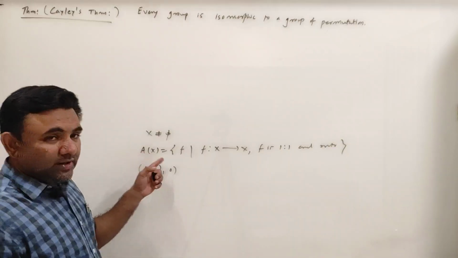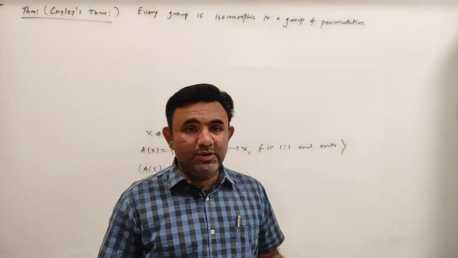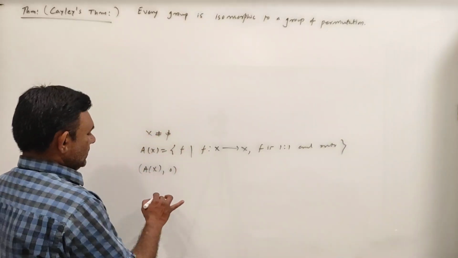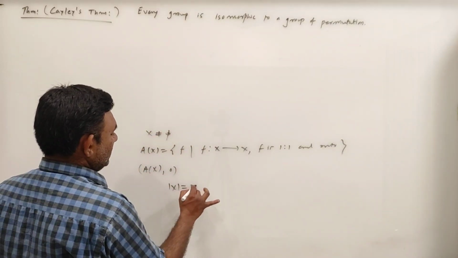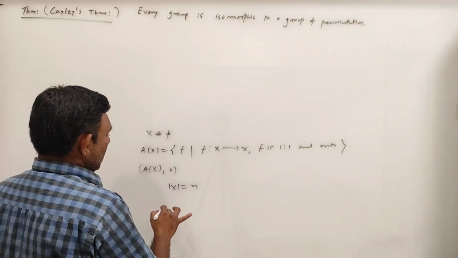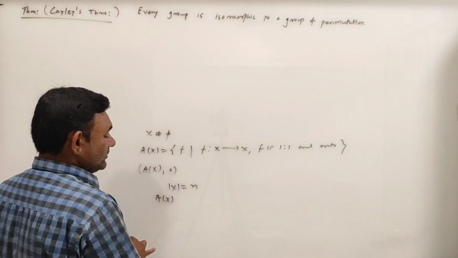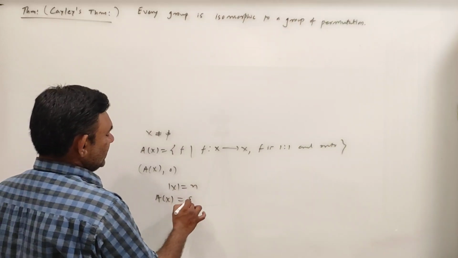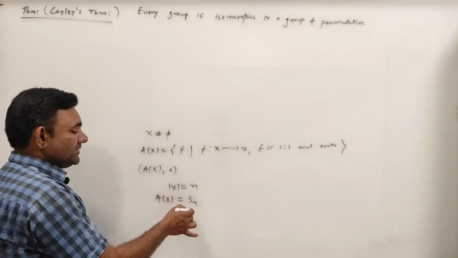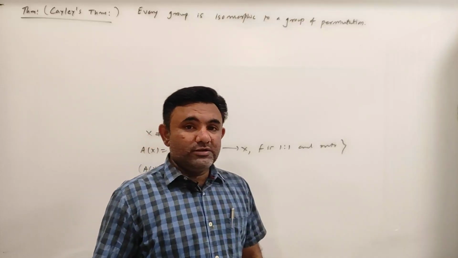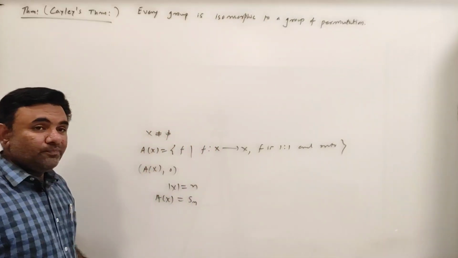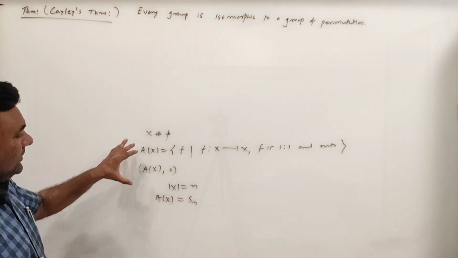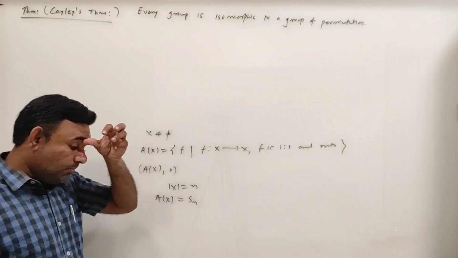And if X is finite and the cardinality of X is n, then we use another notation for AX, and that is Sn. And we have also studied this Sn in detail as a special case of AX, right? So we know that AX is a group of permutations.